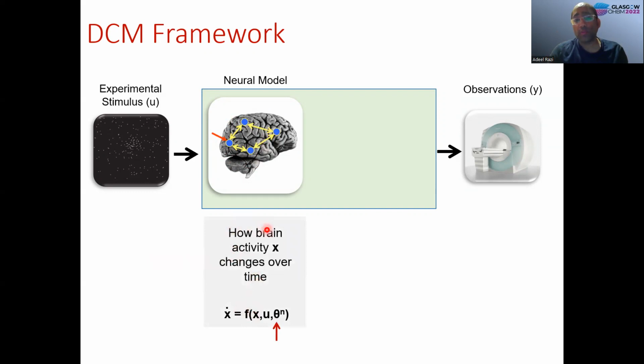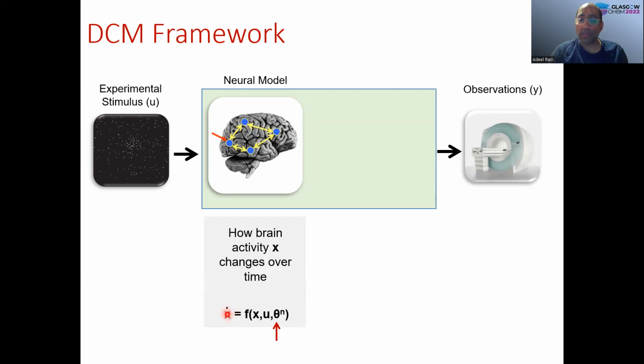So how do we model this? How brain activity X, some activity in brain region 1, let's say X1, X2, X3 or X4, changes over time. As the person lies in the scanner and time passes, we want to see how this activity is changing over time. Mathematically, we show this as a differential equation, or a difference equation in discrete time.